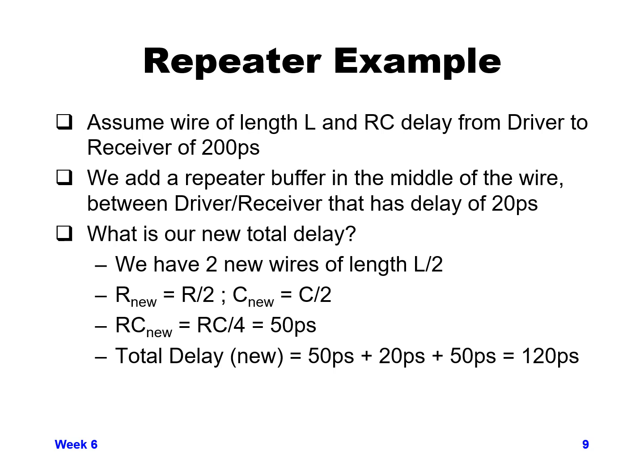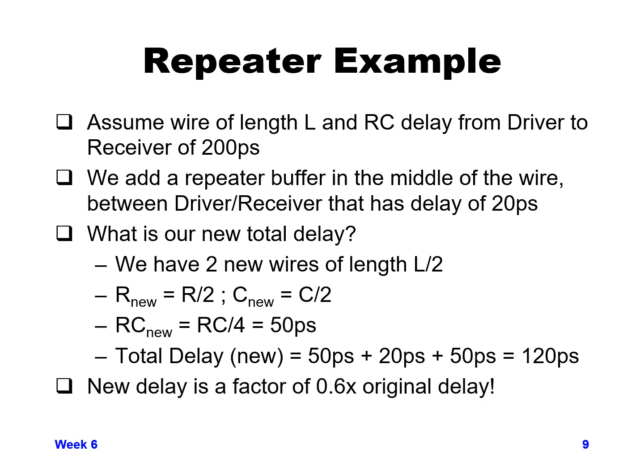And that compares to our previous delay of 200 picoseconds. And the new delay is a factor of 0.6 of the original delay. So while we've added an additional stage delay into our overall circuit, we've decreased the overall delay by 40%.